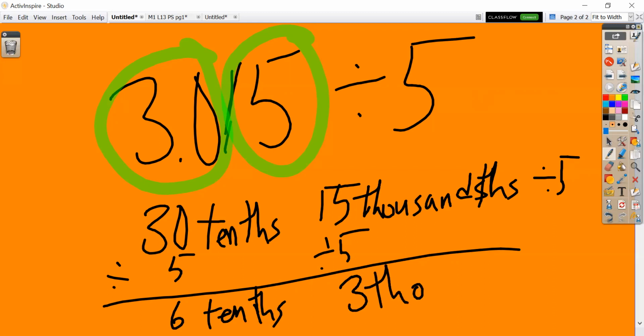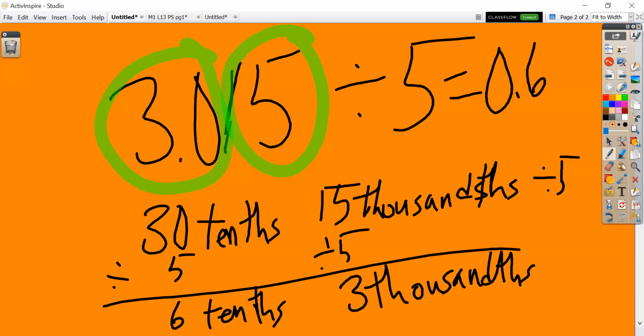Well, our unit stays the same. So 3 and 15 thousandths is 6 tenths and 3 thousandths. So it would look like 0.603, and that is perfect.